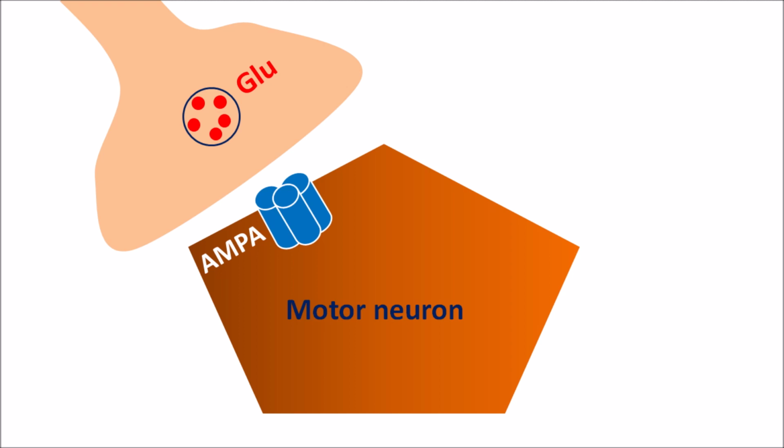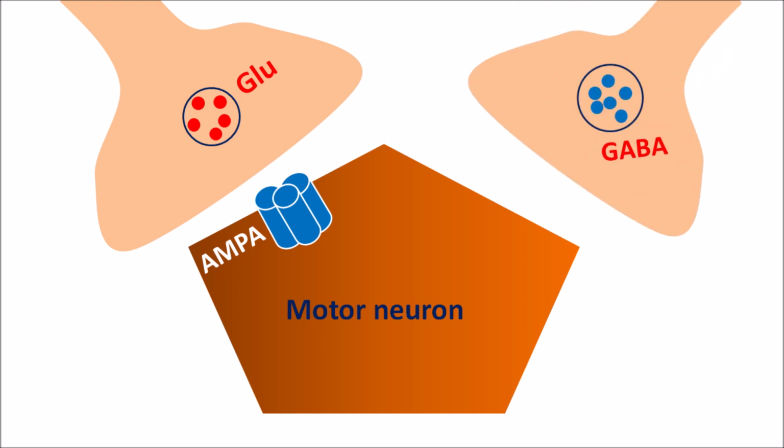These AMPA receptors are responsible for fast synaptic activation, resulting in the stimulation of motor neuron and subsequent muscle contraction. Similarly, the descending inhibitory pathways also exist, which are storing inhibitory neurotransmitters such as GABA. Now, on the motor neurons, another type of receptors such as GABA receptors exist, which are activated by GABA to produce inhibitory response on the motor neuron.